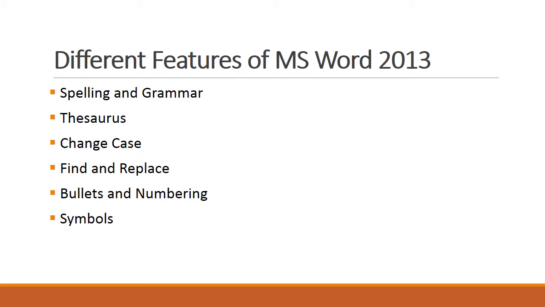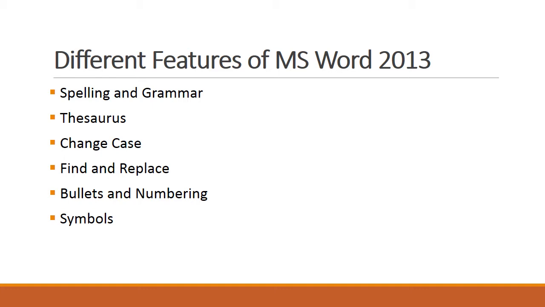The next one is bullets and numbering. Bullets are symbols and marks, you can say, in the document, and numberings are actually specific order 1, 2, 3, 4. The difference between bullets and numbering: bullets are simply the symbols, and numberings are proper order.